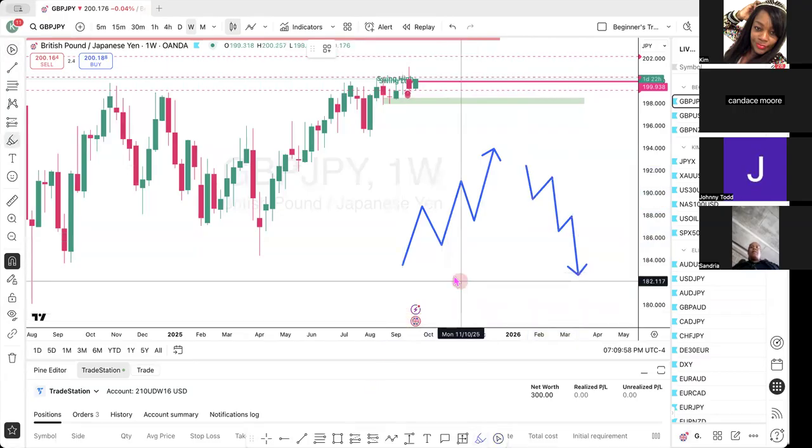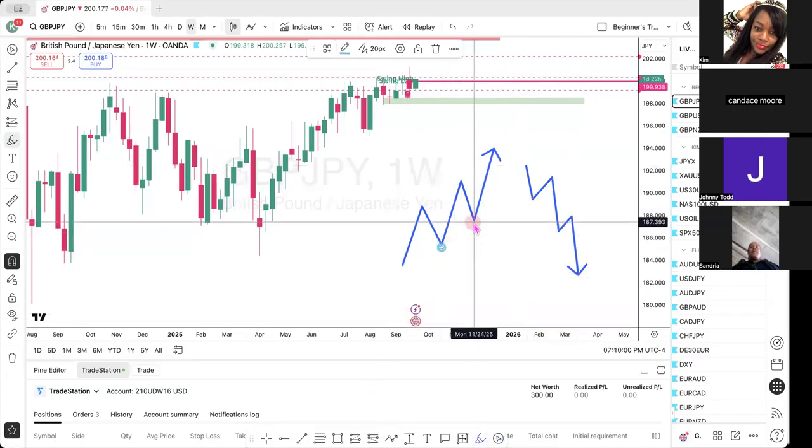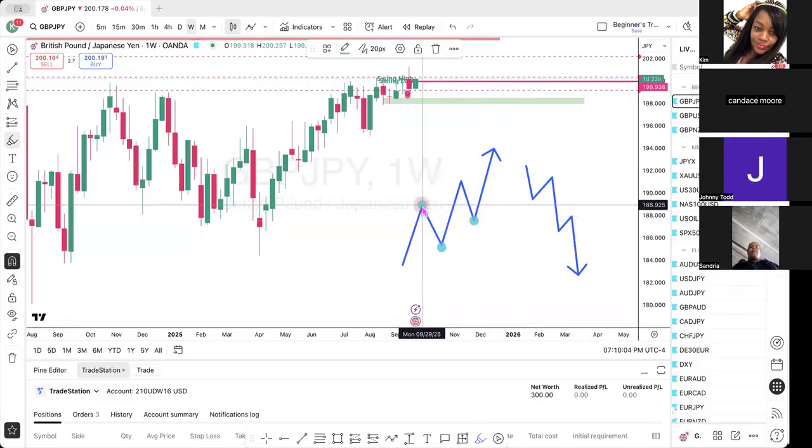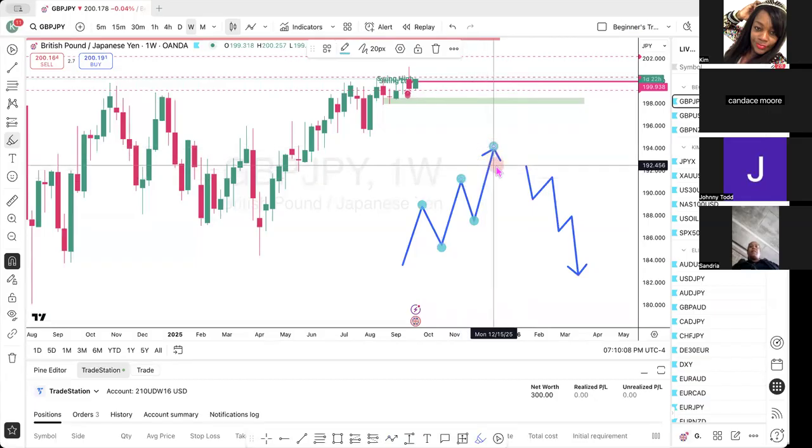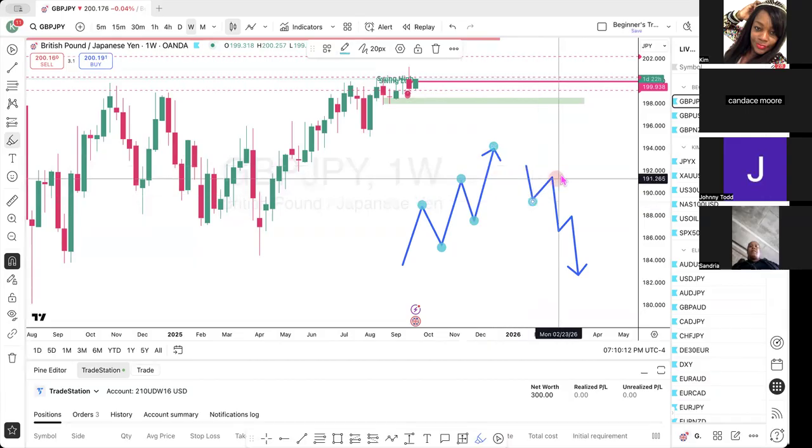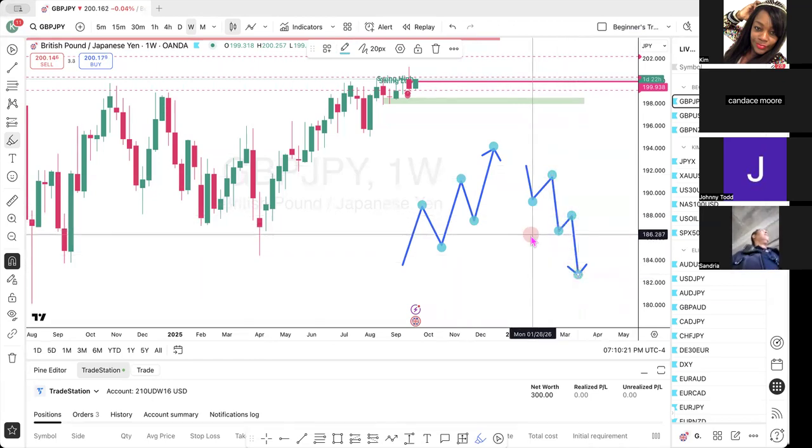So, with that being said, this is a higher high. I mean, this is a higher low. This is a higher low. This is a higher high. This is a higher high. This is a high. And then this is a lower high, lower low, lower high, lower low, and then a swing.